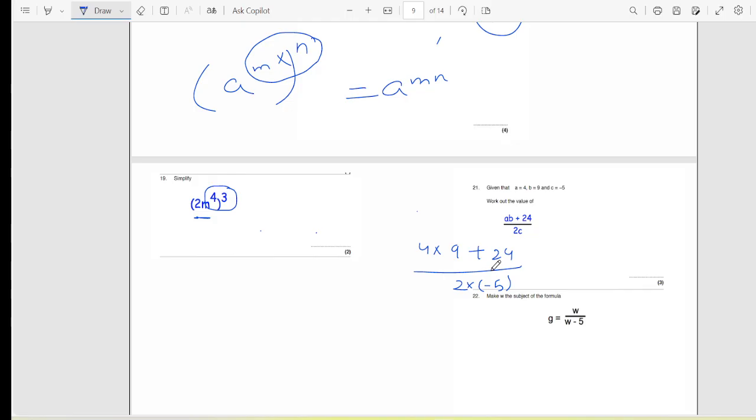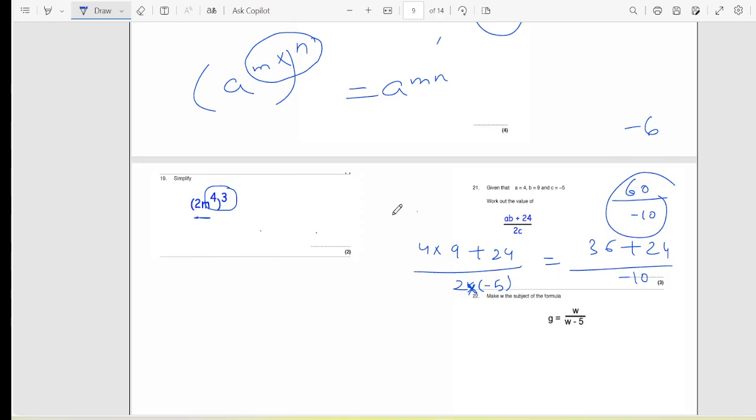I'll put parentheses to differentiate this multiplication and the negative sign. 4 times 9 is 36, plus 24, over negative 10. So 36 plus 24 adds up to 60 over negative 10. So the answer is negative 6, right?